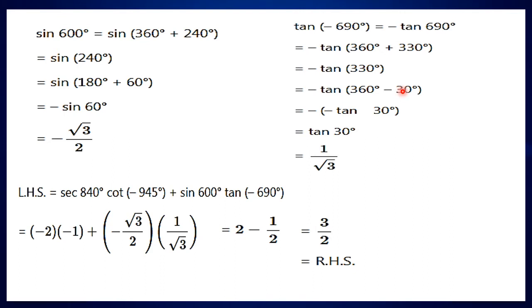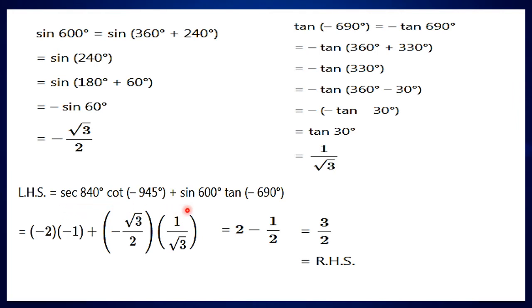So we have to consider the sign of the function depending on the quadrant in which the angle lies. So minus of tan 360 minus 30 is fourth quadrant, 330 degrees in the fourth quadrant. So minus sign coming here. So minus tan 30 degree. So minus of minus tan 30 degree is tan 30 degree. So it is 1 upon root 3.